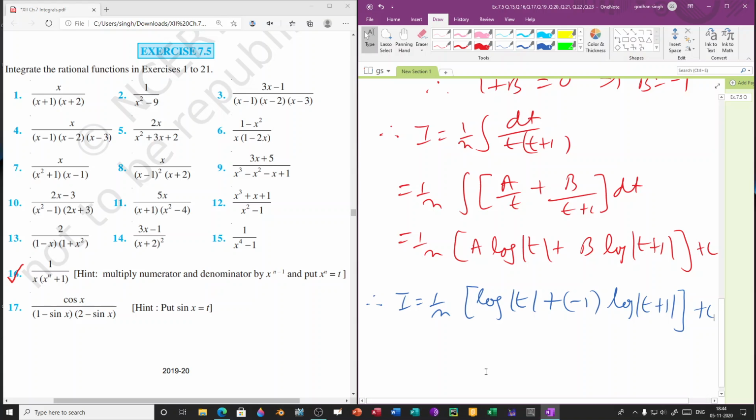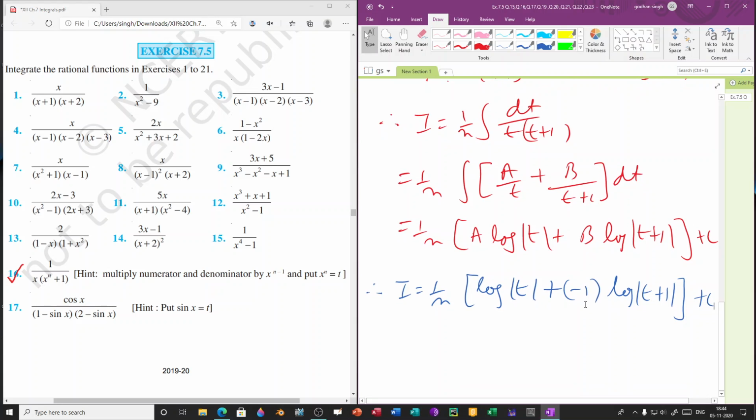And we know that log a minus log b is log a by b, so we can rewrite this as I equal to 1 by n log of t over t plus 1 mod plus c.